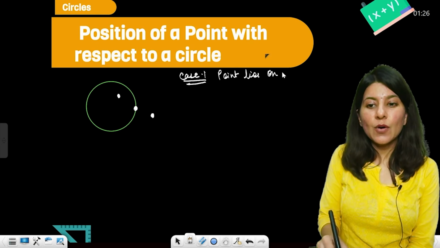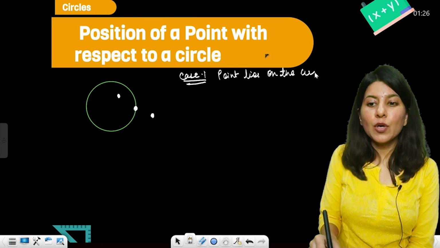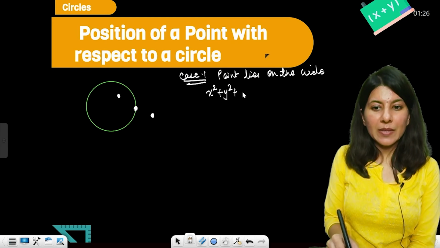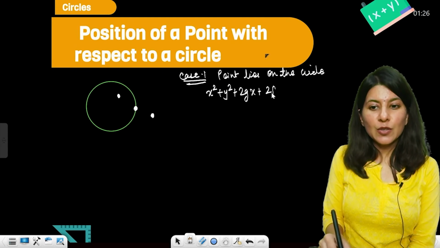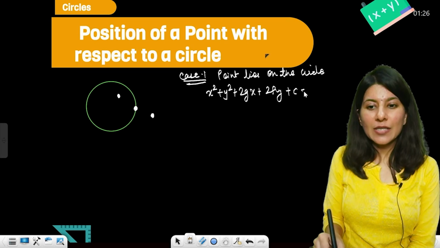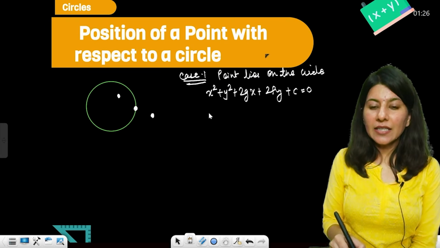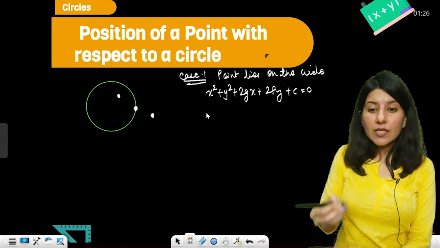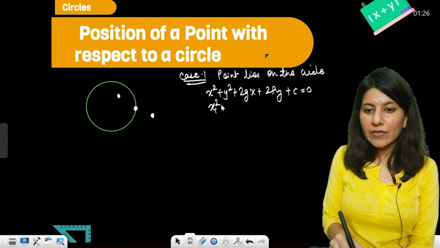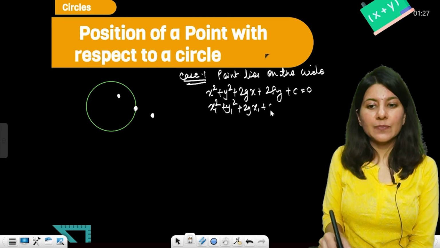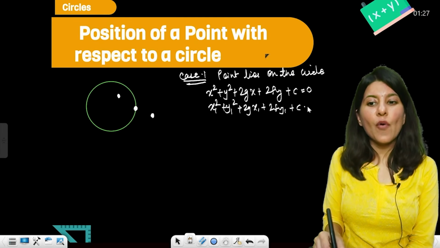Suppose your circle is x square plus y square plus 2gx plus 2fy plus constant equals to 0. This is your circle. And now if the point lies on the circle, this x1 comma y1 will satisfy the circle. This is a very obvious thing.